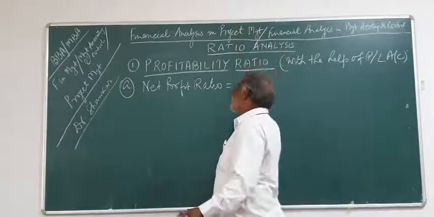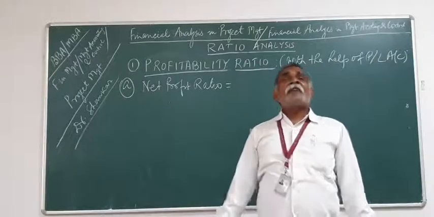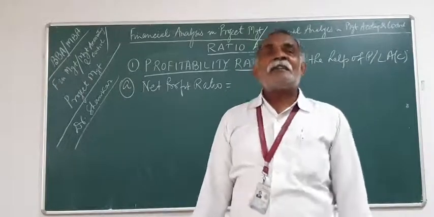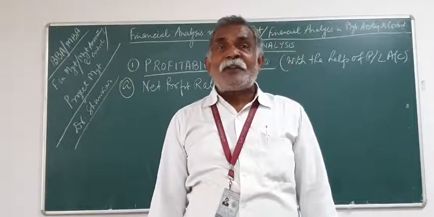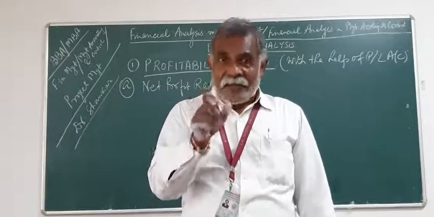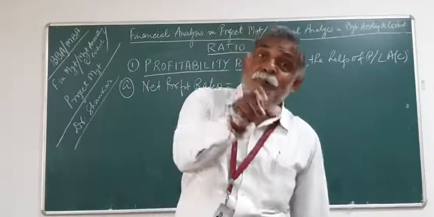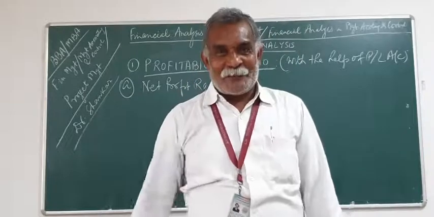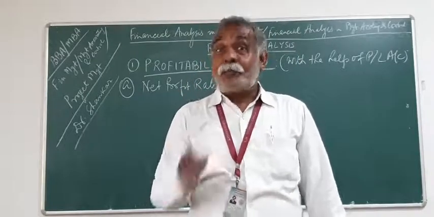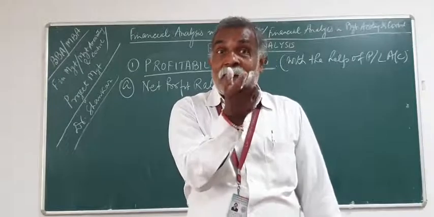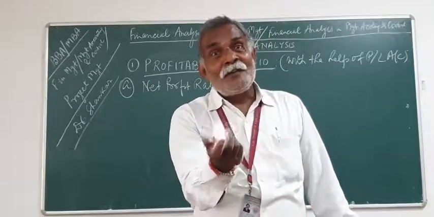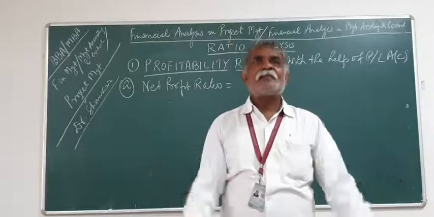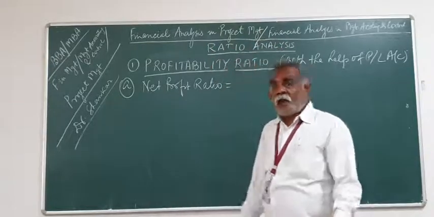So very easy. If I ask you how you calculate and why we calculate the net profit ratio, we calculate it to know the proportion of net profit in sales. So, the proportion of net profit with respect to sales. How to calculate?